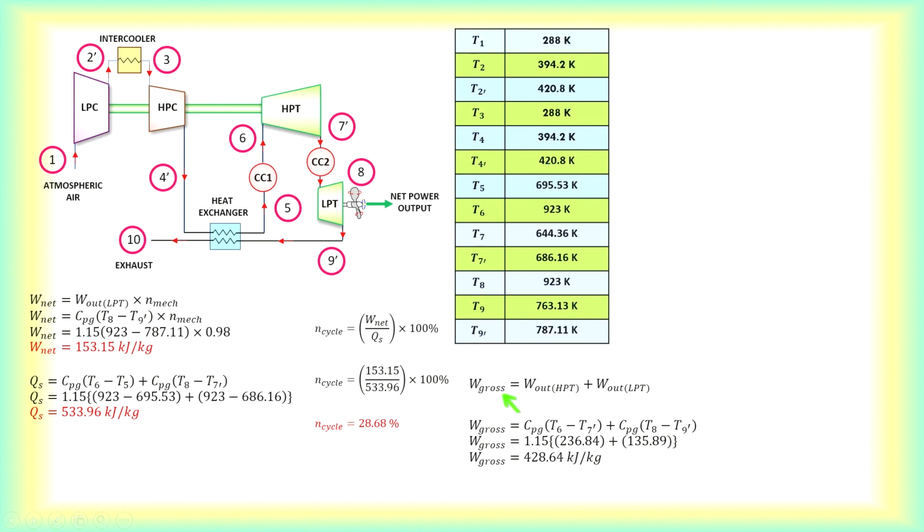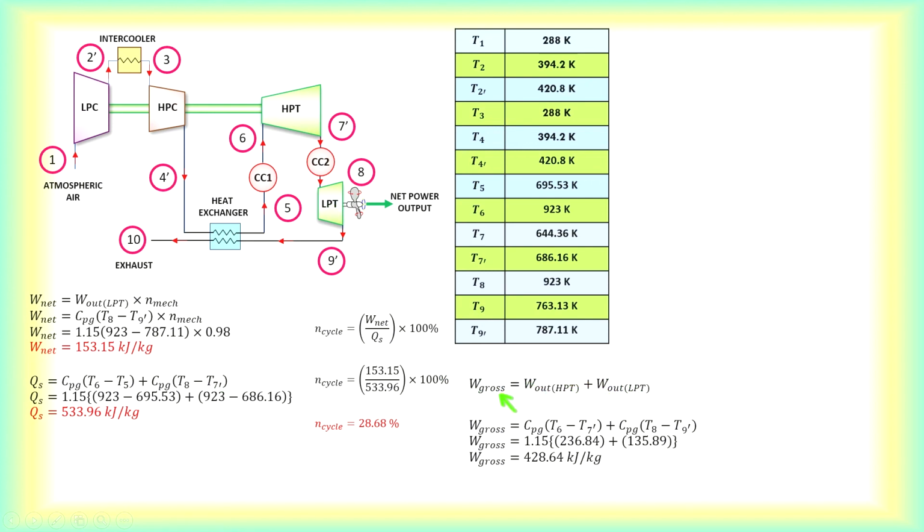So what about gross? Now, the gross work, I have told you what we are looking at. This is the expansion work, all the expansion work. The gross work here refers to all the expansion work. So the expansion work only at the high pressure and the low pressure turbine. So you have the work out of both.